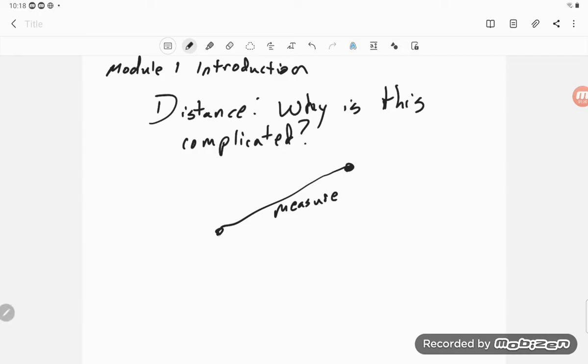And this distance, this straight line distance from point to point here, is called our Euclidean distance. And it's the kind of thing we're used to, is just measuring that straight line distance.